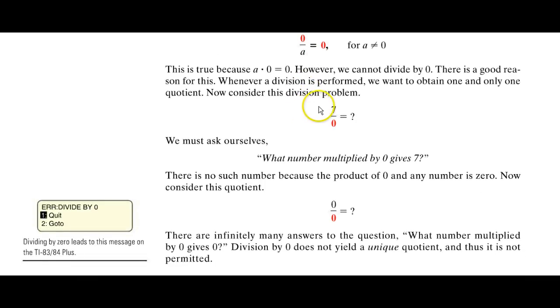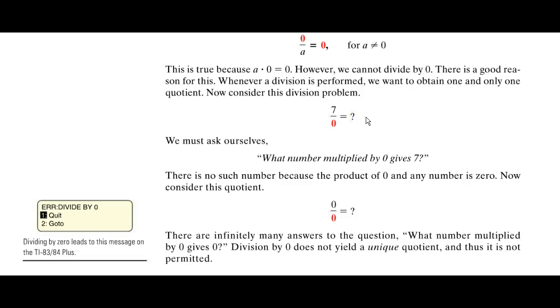Now, how about if you divide any real number by 0? Well, in our number system, if we tried to multiply A times 0, we'd get 0. But if we multiplied 0 times 0, that wouldn't give us a 7. So this is not a 0 here.